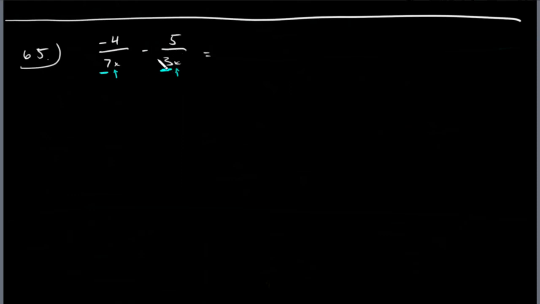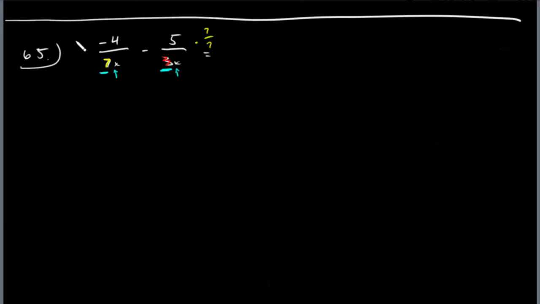So this is all about sharing. Sharing is caring with these fraction addition and subtraction. So you need to share the pieces that the other ones need. So this has a 7, this needs a 7. So you multiply by 7 over 7. And then on this other fraction, it has a 3.